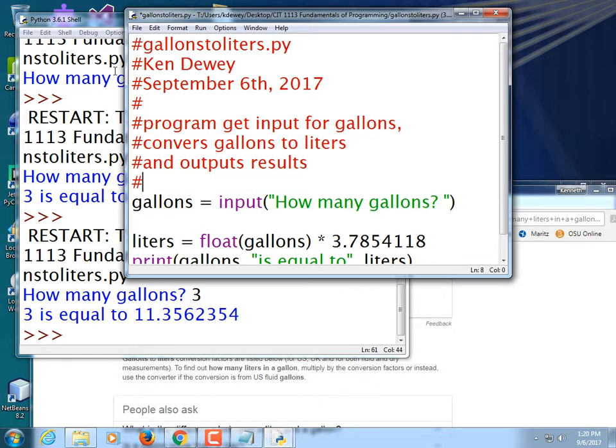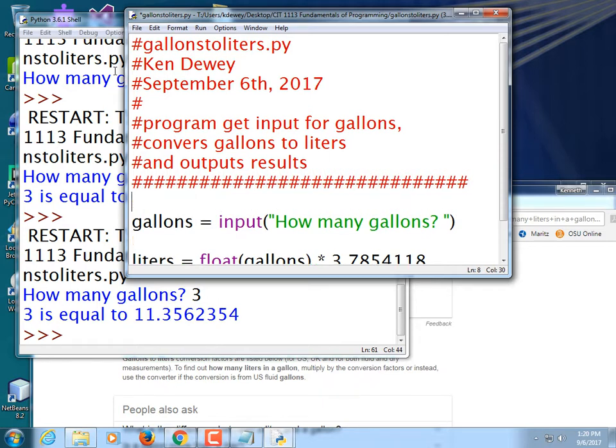What do y'all think? Kind of makes what our program does? One thing that I'm going to yell at you if you do, don't put assignment number 3. That doesn't tell me what the stupid thing does. Oh, converts, maybe I spelled converts wrong. Converts to liters and outputs results.